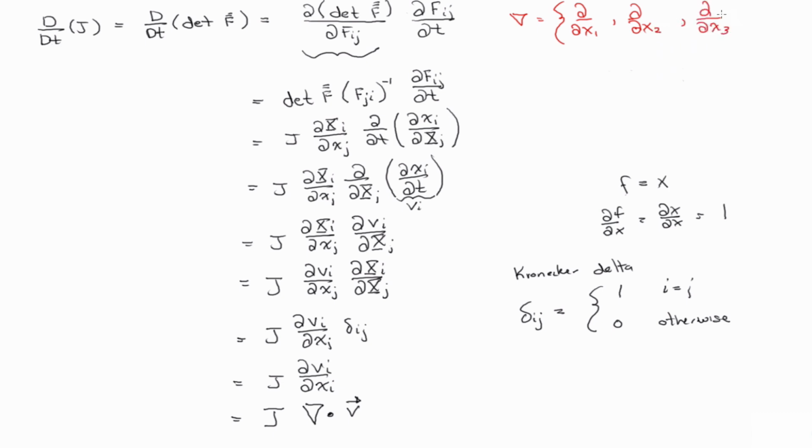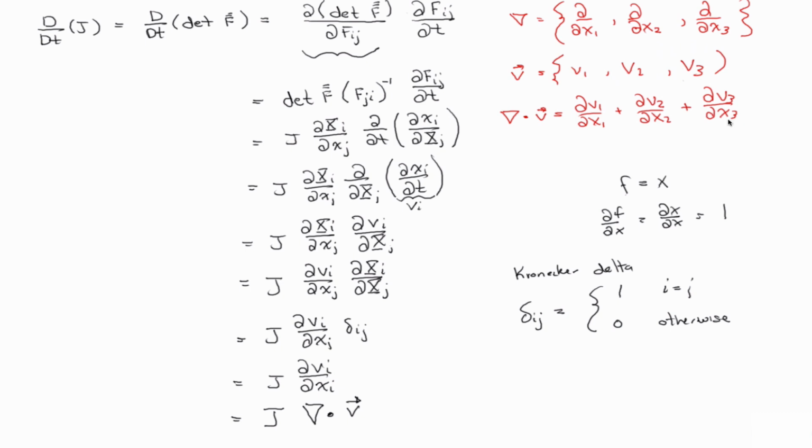And then of course, if v has components v1, v2, v3, then this gradient operator dot product v is going to give you partial v1 partial x1 plus partial v2 partial x2 plus partial v3 partial x3.